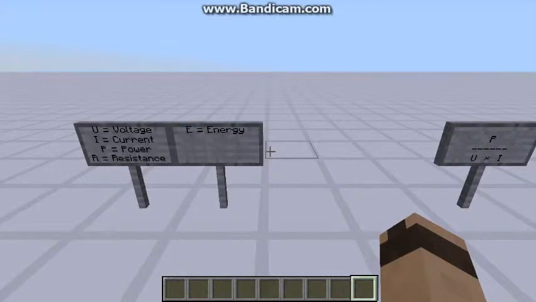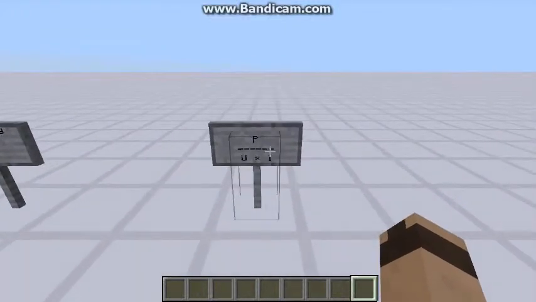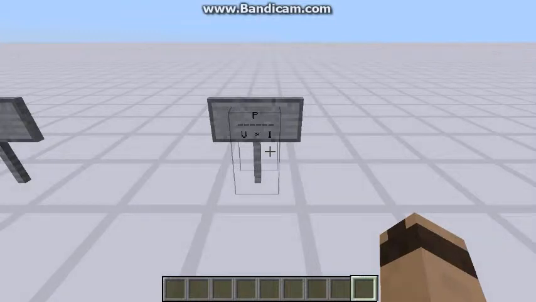Next is energy, which is an amount of work measured in joule, capital E in a formula. The formula we have is power is voltage multiplied by current.